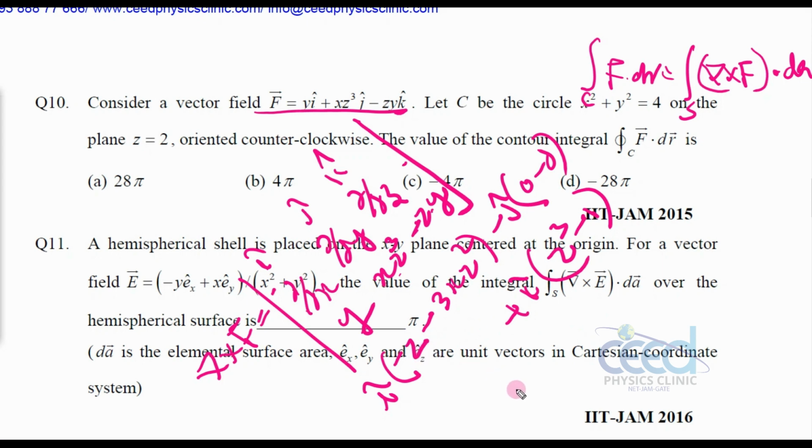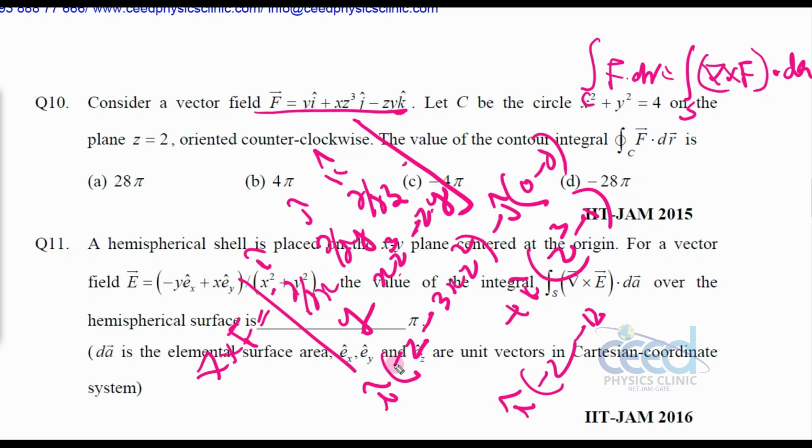Before that I can substitute. This minus z is minus 2, and here z is equal to 2, so 4 into 3 is 12, minus 12x.